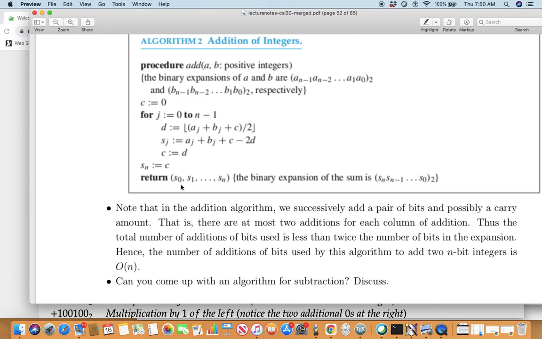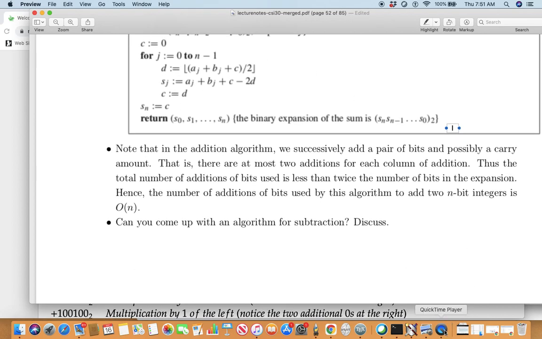Okay, return this, but remember, you're returning S0 first because you're adding the right hand digits first, then the one following it. When you reverse it, that's the sum you get. If any carryover is left after going through all the digits, that carryover becomes the leading coefficient basically. All right, we'll continue in the next video.